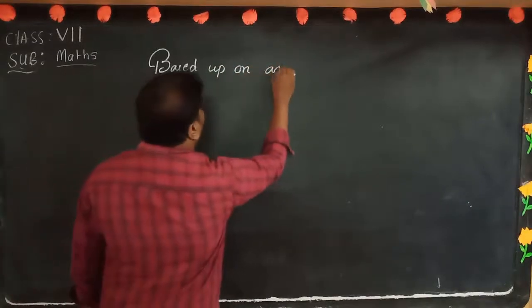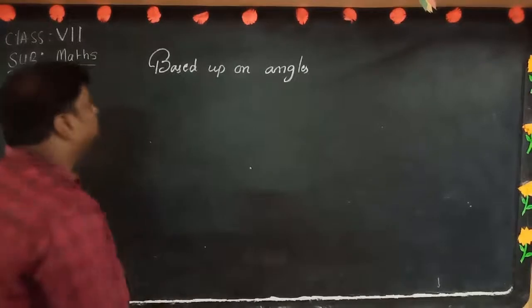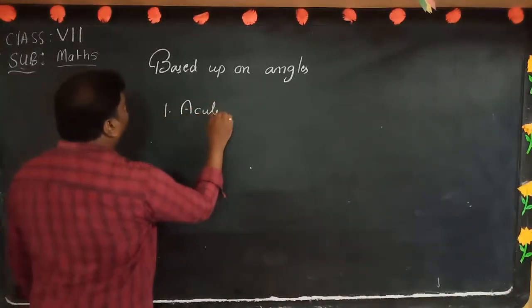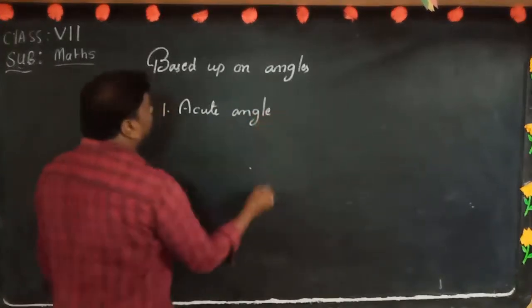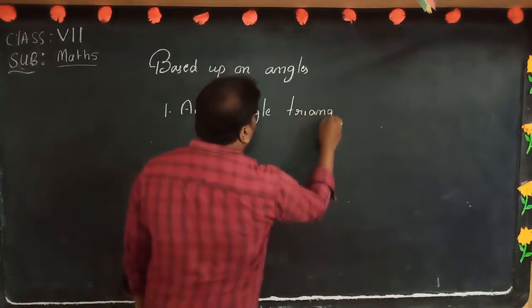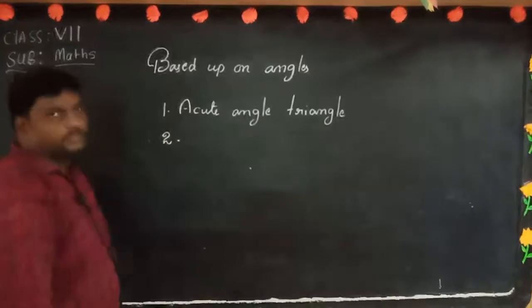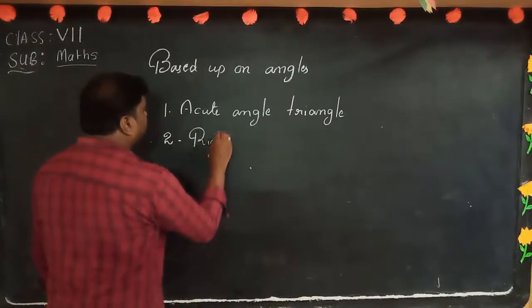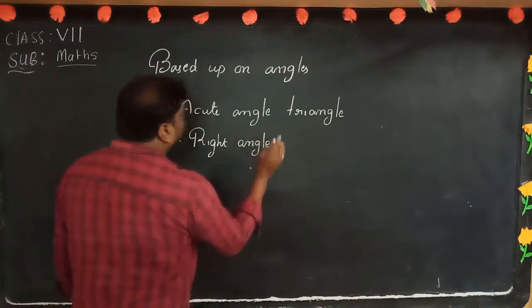Based upon angles, first one is acute angle triangle. Second one, right angle triangle.